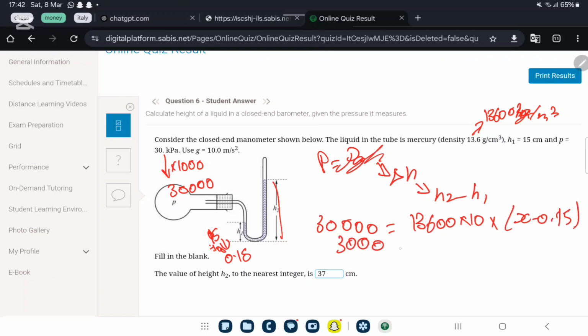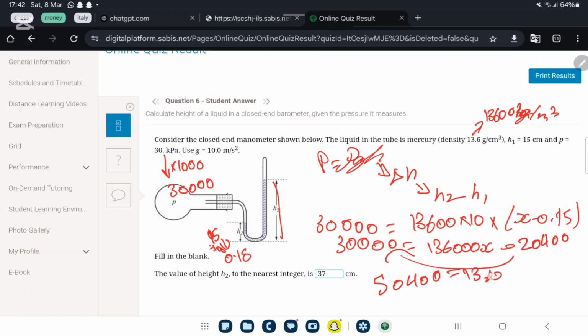30,000 equals 136,000 x minus, you put it in your calculator, 20,400. You move it to the other side, it becomes plus, you get 50,400 equals 136,000 x.